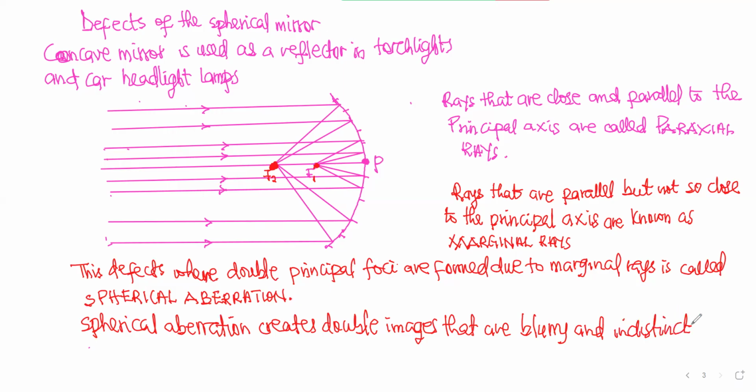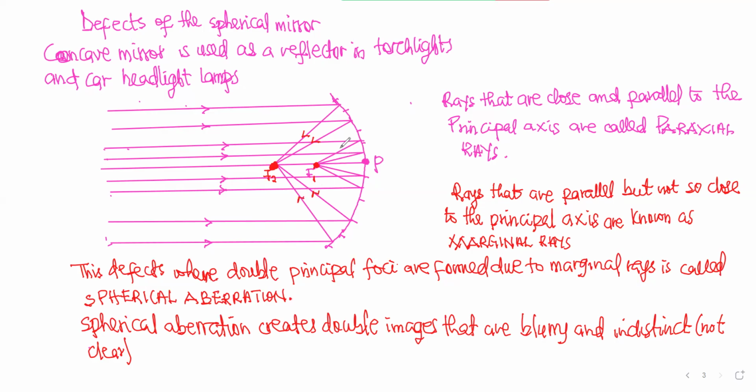Indistinct means not clear. That is also the reason why usually some images will be seen as like ghost images. It is not clear, looks like ghosts. So when the image looks like ghosts, that is what we term as a blurry image. Blurry.